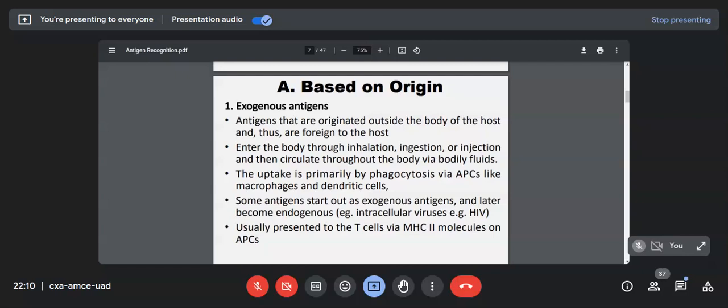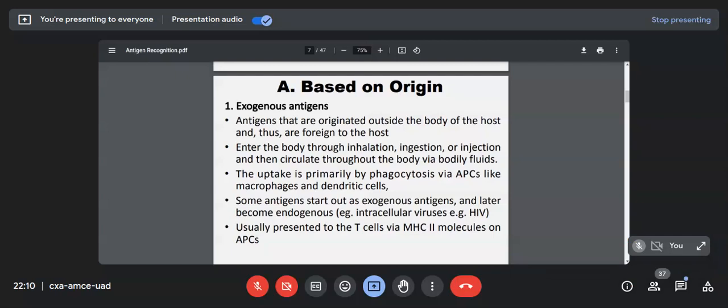Now, how do those antigens find themselves inside the cell? The only process by which this antigen enters your cell is a process known as phagocytosis. What do we mean by phagocytosis?